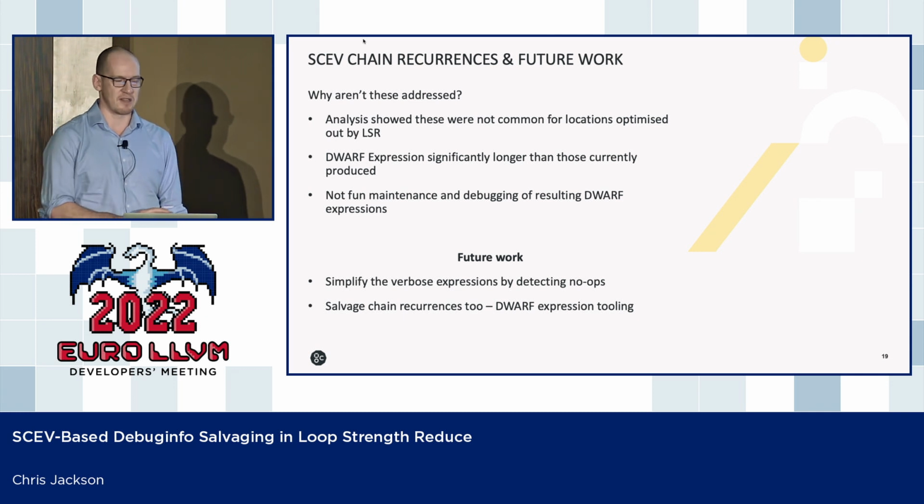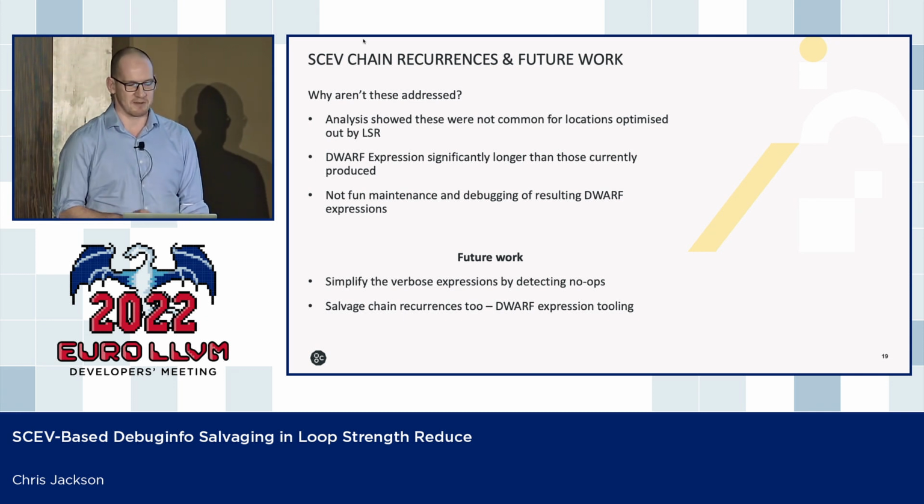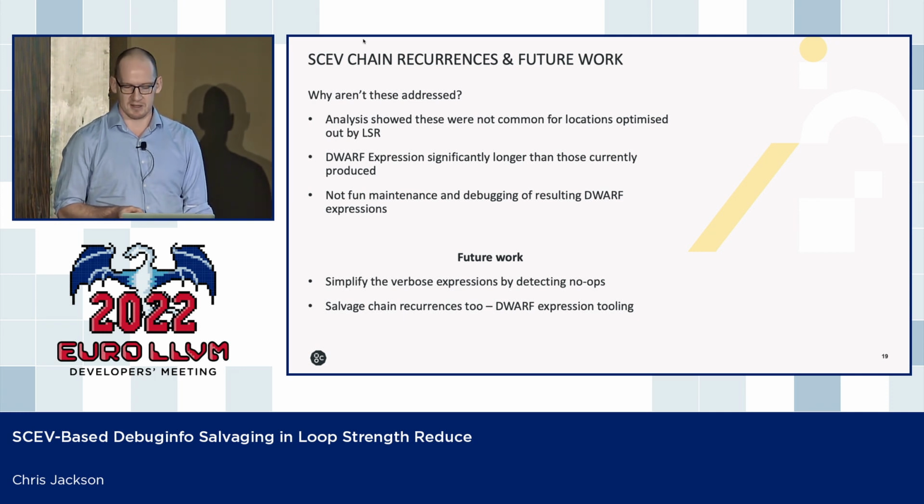You saw I tried to omit identity functions. Sometimes that doesn't occur, so that would be a good thing to work on. And while the expressions being output are correct, they have an impact on debug info size and also the complexity of the DWARF expression that needs to be computed.